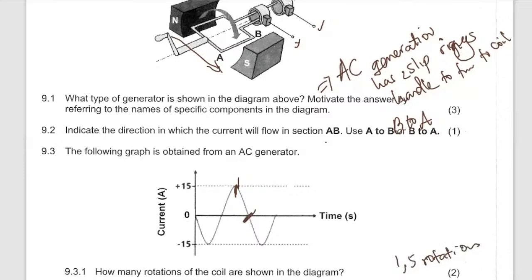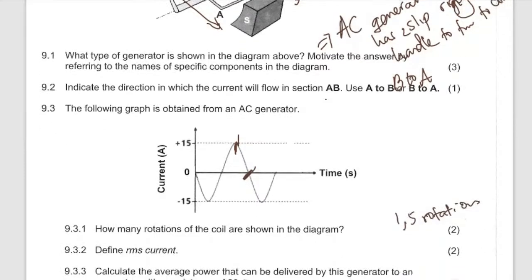And then they want us to define root mean square, RMS. Okay, so root mean square current is the alternating current which produces the same amount of energy as the equivalent DC.